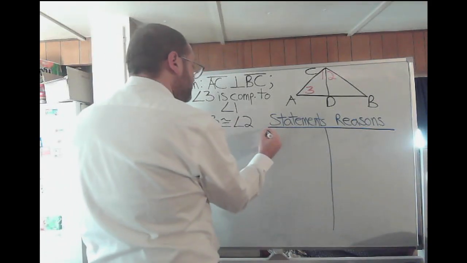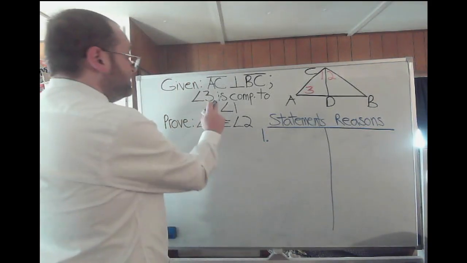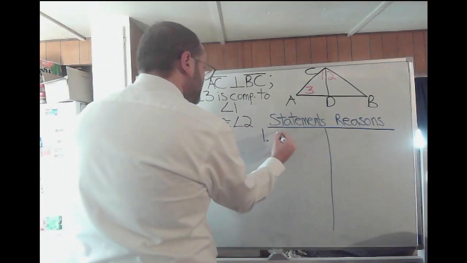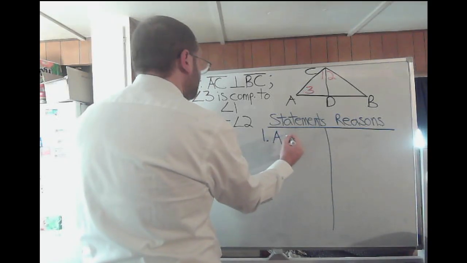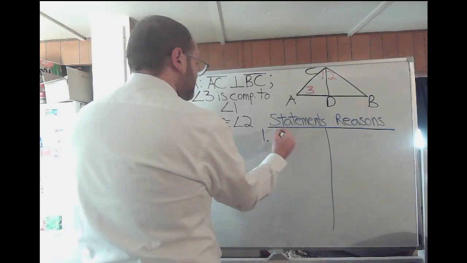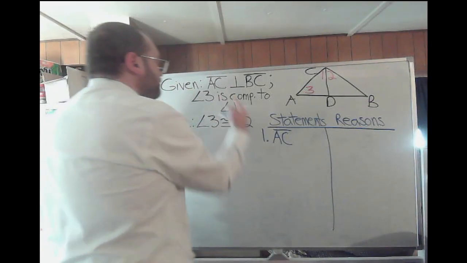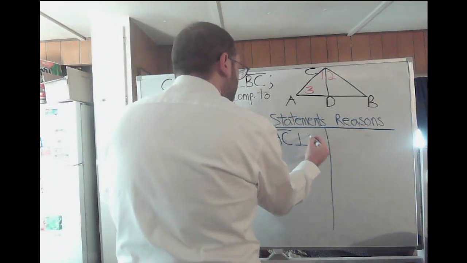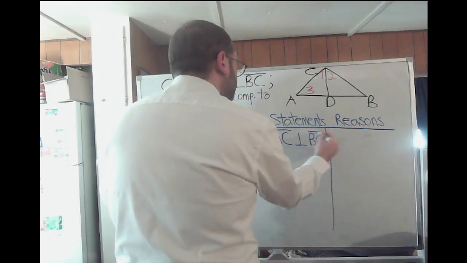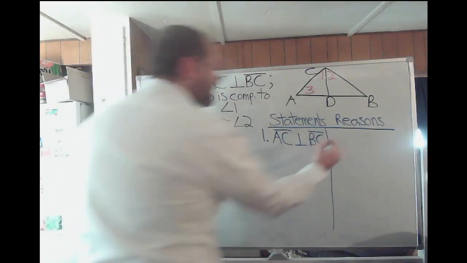Alright, so let's go ahead and start with our given information. Let's start with the first part of the given information. Segment AC is perpendicular to segment BC. That was given to us.